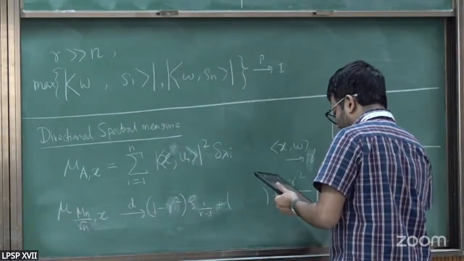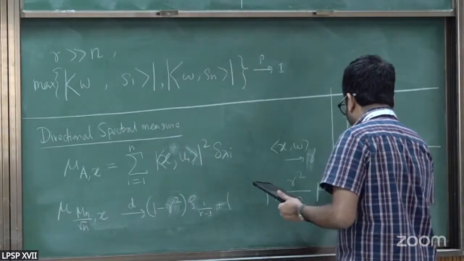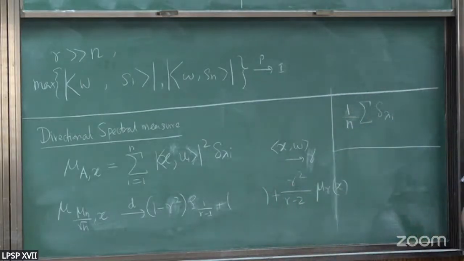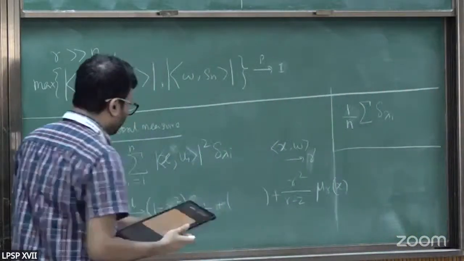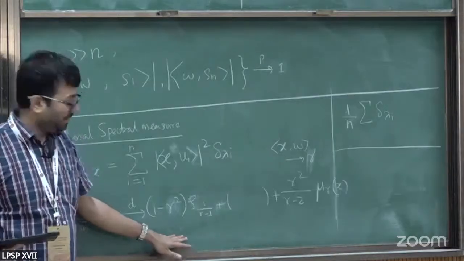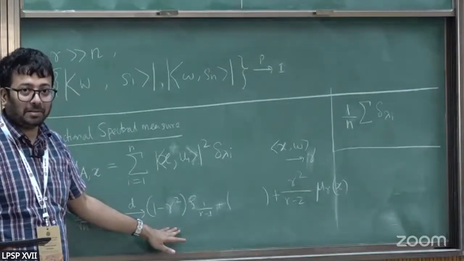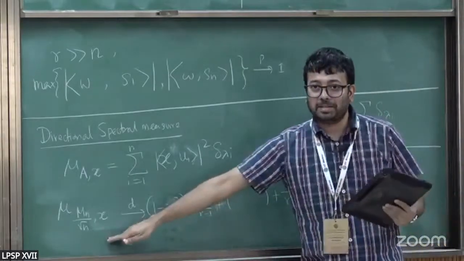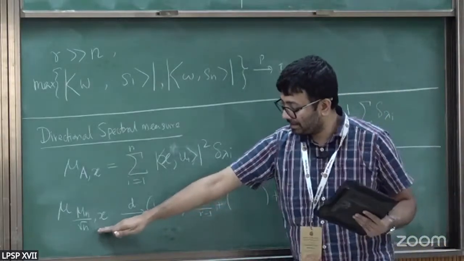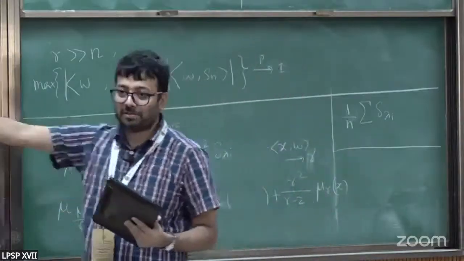So what is the Kesten-McKay law? The Kesten-McKay law is the limiting spectral distribution of a random regular graph. We don't know how to interpret this. Somehow the Kesten-McKay law shows up if you look at the directional limiting spectral distribution of those contractions.